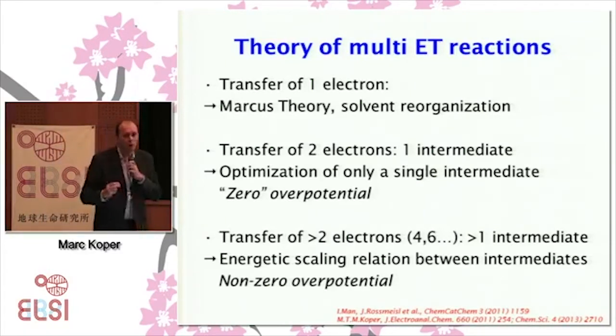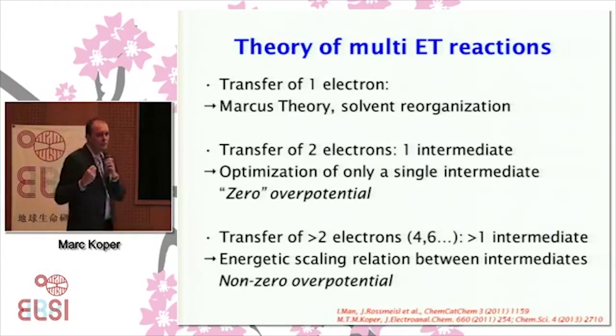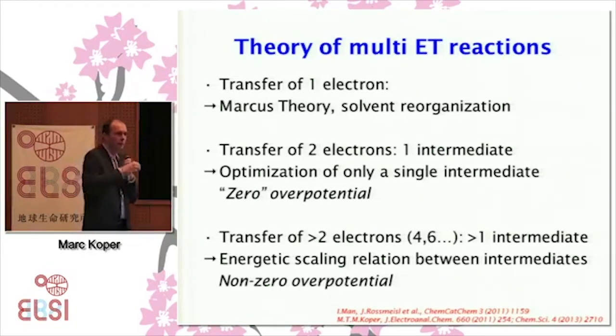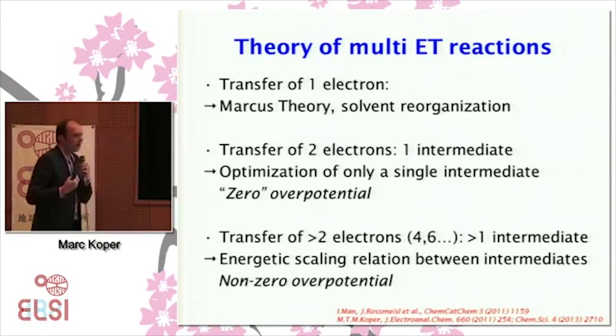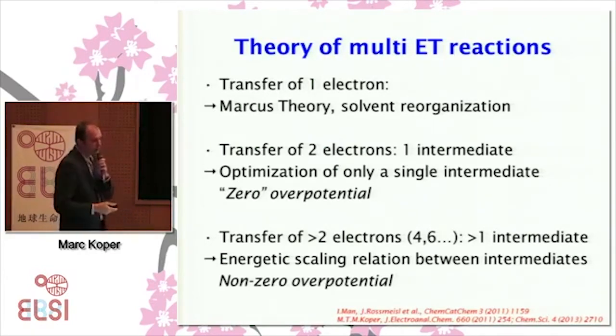And now we need to optimize every single intermediate to get our optimal catalyst. And the problem here is those intermediates are similar and they bind to the catalyst in a very similar way. That means if we bind one stronger, we will bind the other intermediates stronger as well. And that means that we cannot optimize all these intermediates independently. They are fixed through what we call scaling relations.